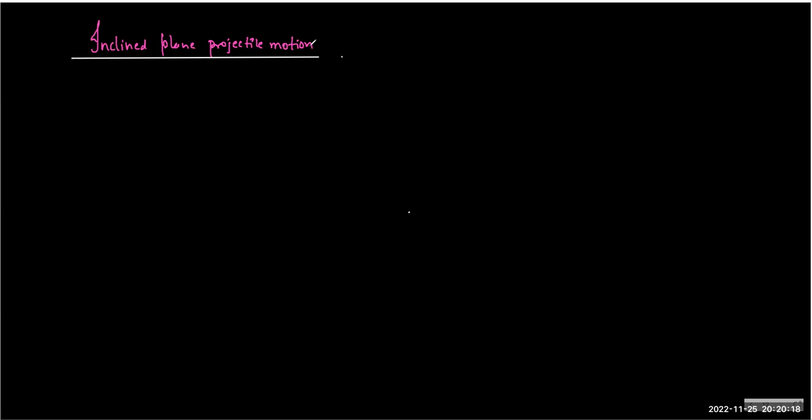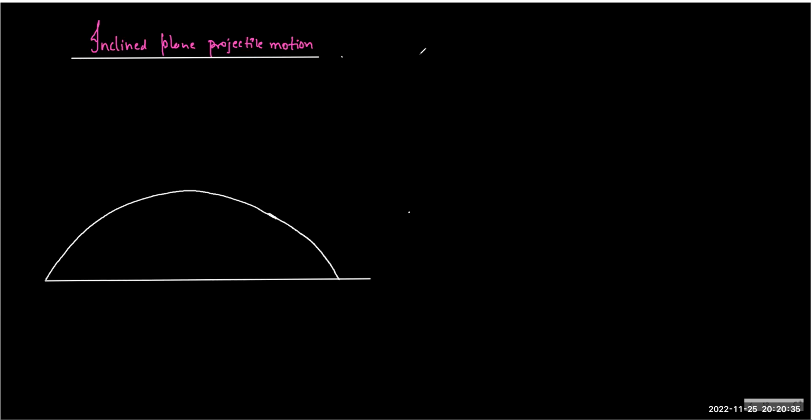So the inclined plane projectile motion is actually the old oblique projectile motion. The only difference is we obstruct the journey much before it comes back to the ground. So this is the regular question of projectile motion.